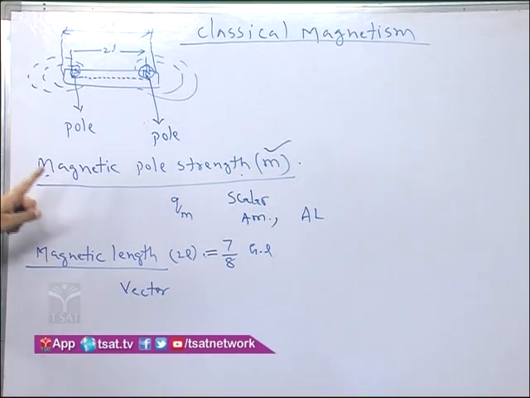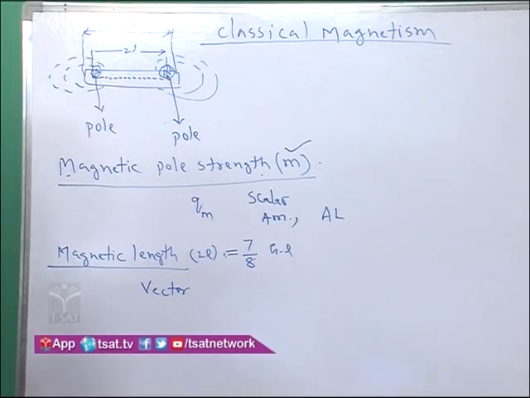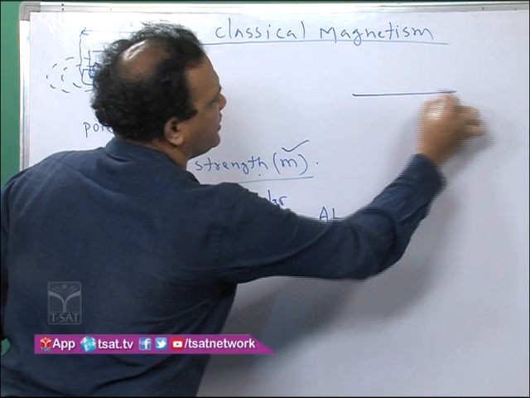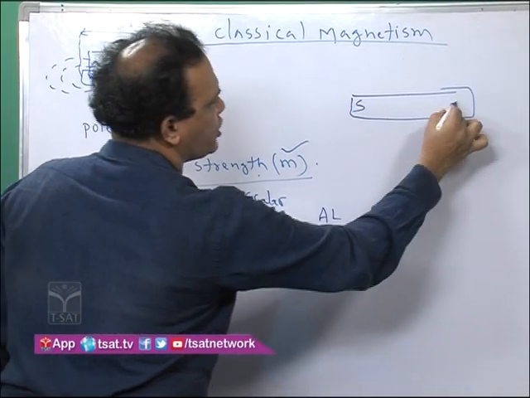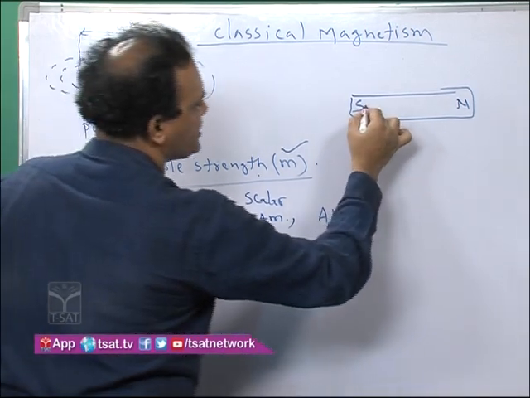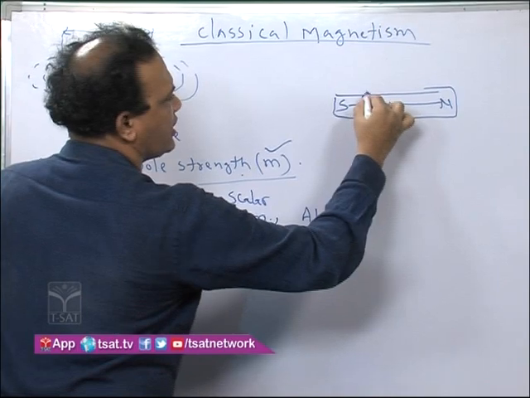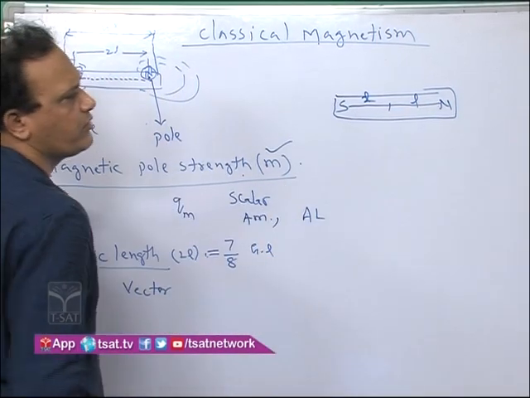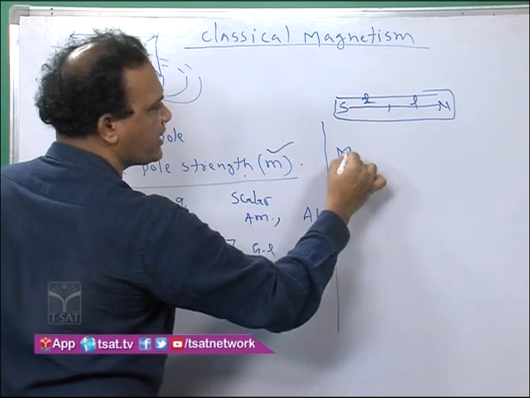Here we have the attractive power of a point and the attractive power of the magnet. Take a bar magnet with two poles, and the distance between the south and north poles, the magnetic length, is L and L, 2L. The total attractive power is called magnetic moment.